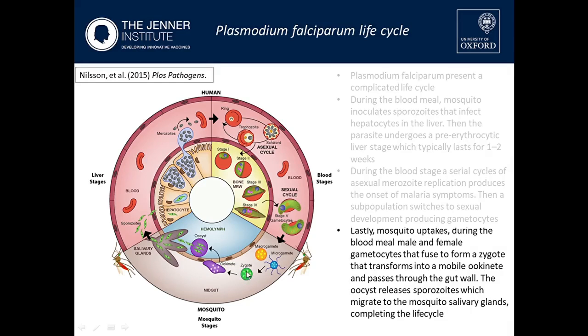This zygote transforms into an ookinete, which crosses the midgut of the mosquito, and there the oocyst produces sporozoites that migrate to the salivary glands. Then the mosquito can infect humans again, releasing the sporozoites, and the cycle starts over again.